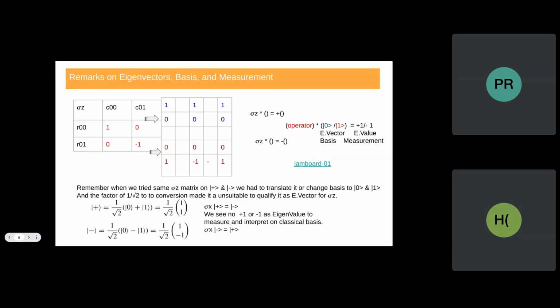So when you multiply the column 1 by the Pauli sigma z matrix, the result is minus ket 1. So basically, we get ket 0 as plus ket 0 and ket 1 as minus ket 1.